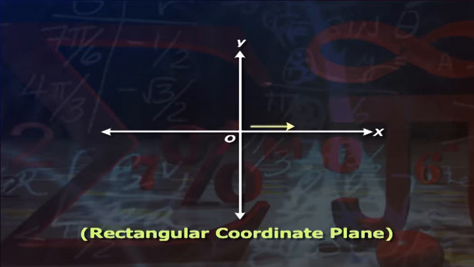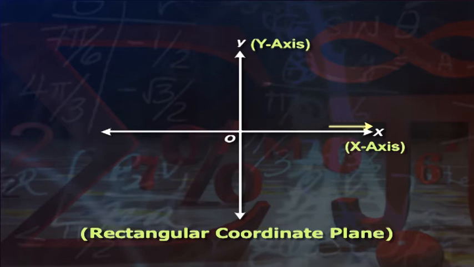The horizontal line through origin is most often named as x axis and the vertical line through O is named as the y axis. Further, the right half x axis is called the positive x axis and the left half x axis is called the negative x axis. Similarly, upper half of y axis is called the positive y axis and the lower half y axis is called the negative y axis.